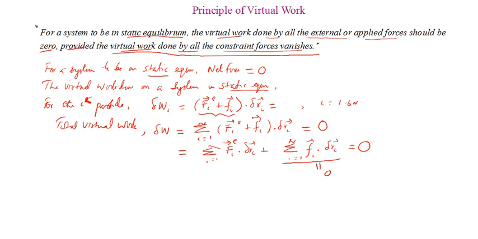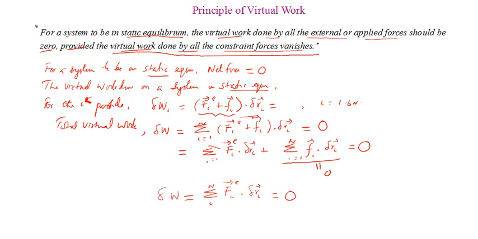Now, if that is equal to 0, what does it mean? It means that this summation over i equal to 1 to n of Fi external dot delta Ri should be individually equal to 0. And what is this particular thing?